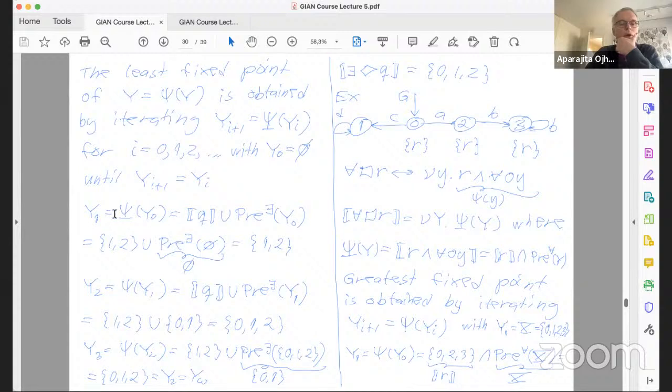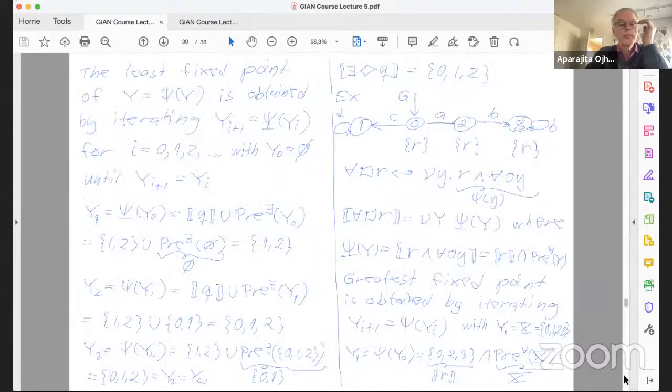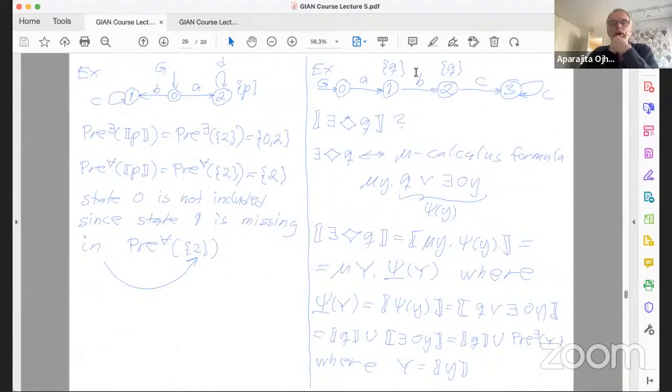So here Y1 is psi of Y0. Remember that this function psi of Y was this, and that is what you see here again. So now we look at the states where Q is true. And in our example, that was state 1 and 2.